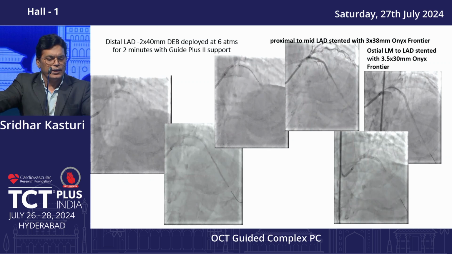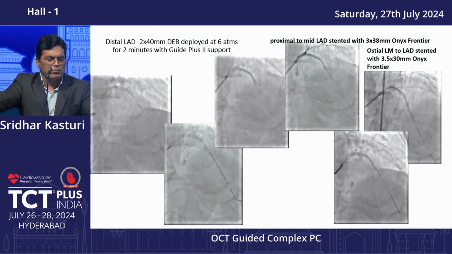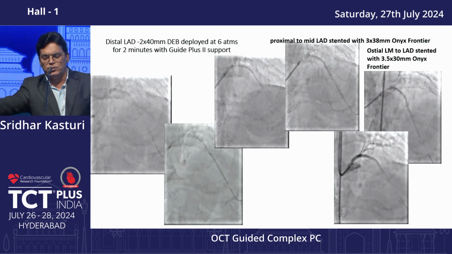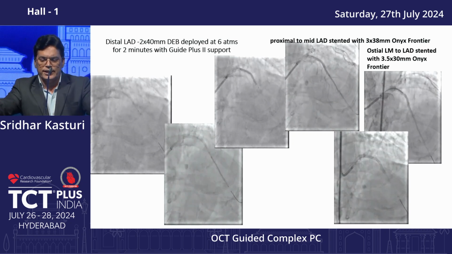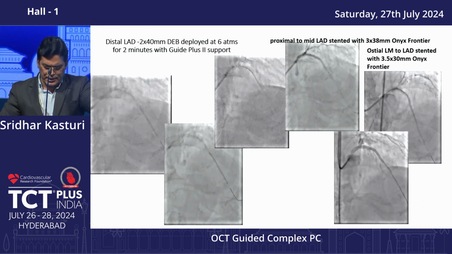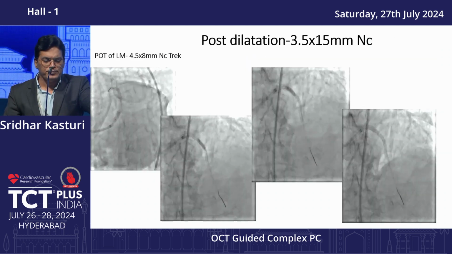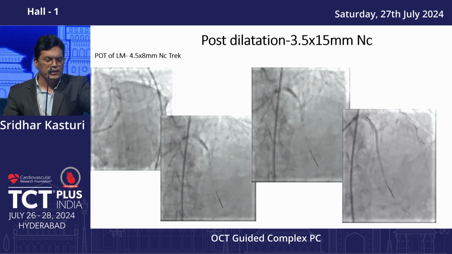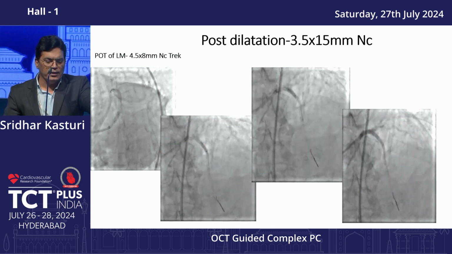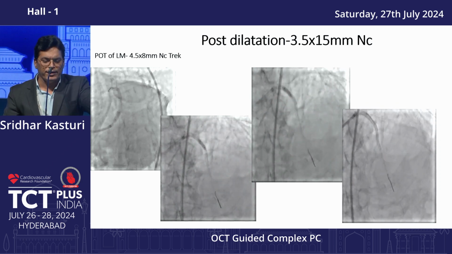We used 2 into 40 mm DEB at 6 atmospheres for 2 minutes using the Guideliner support, and the proximal to mid LAD stented with 3.0 into 38 Onyx Frontier, ostial LM to LAD 3.5 into 30 Onyx. And this is the post dilatation, the LMCA with 4.5 and the proximal LAD dilated with 3.5.